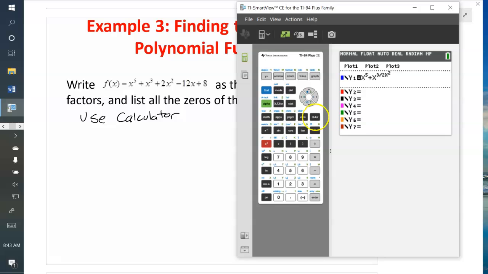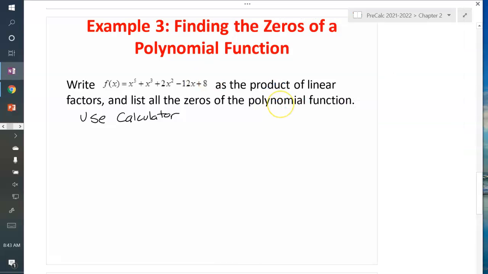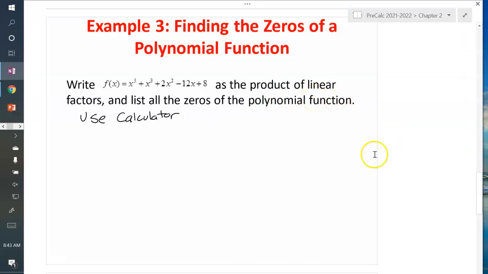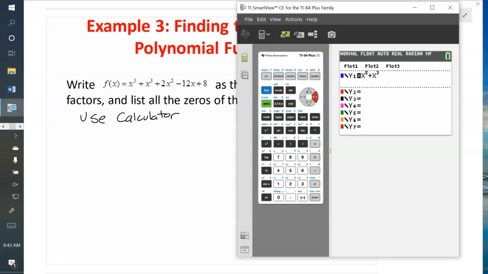Let's clear some of this off my calculator. y equals x to the 5th plus x cubed plus 2x squared minus 12x plus 8.